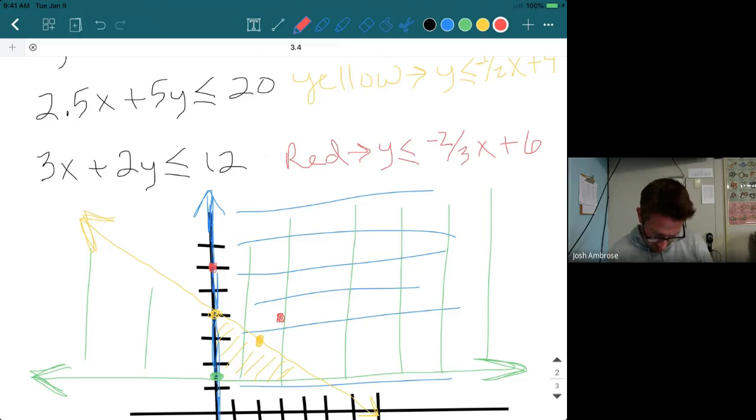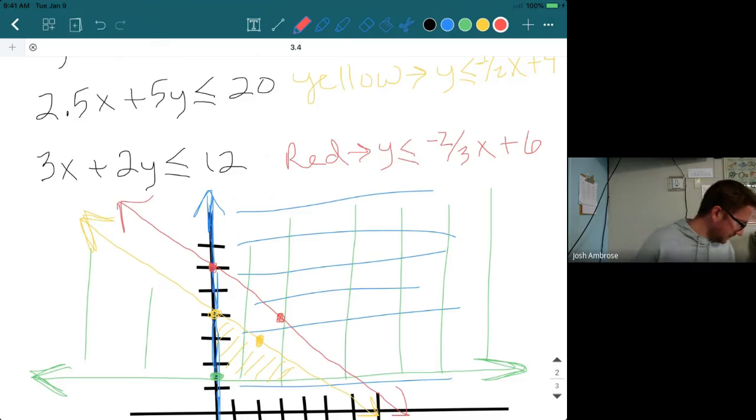And so now, let's see. We want to double check this right here. There might be a bit of a discrepancy. That line should cross.